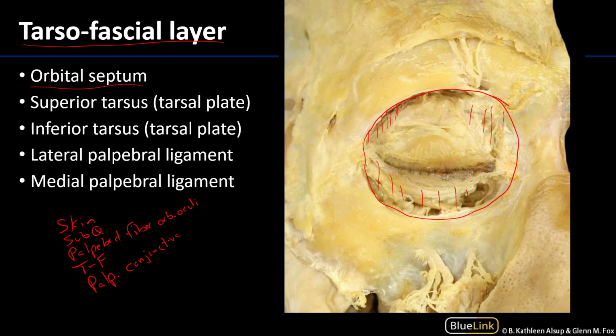And the septum is weaving its way around elements like the superior and inferior tarsal plates, which are giving structure and support to the palpebrae.